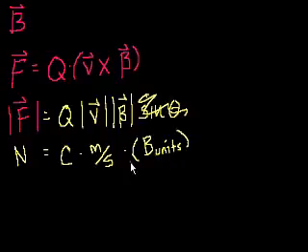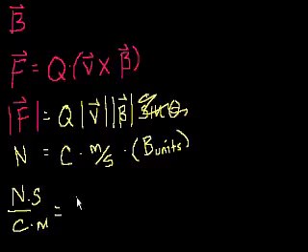We could call them unit sub B. So if we divide both sides by coulombs and meters per second, we get newtons per coulomb, and then dividing by meters per second is the same thing as multiplying by seconds per meter, which equals the magnetic field units. So the magnetic field in SI terms is defined as newton seconds per coulomb meter.